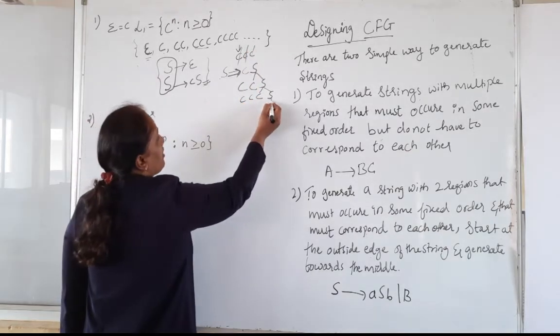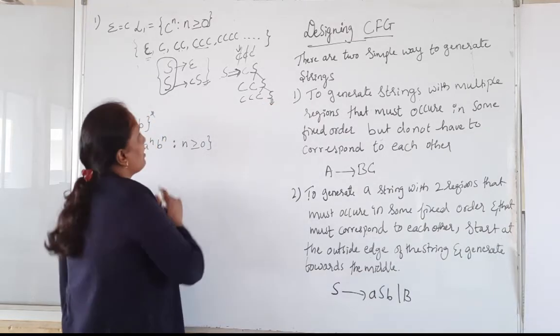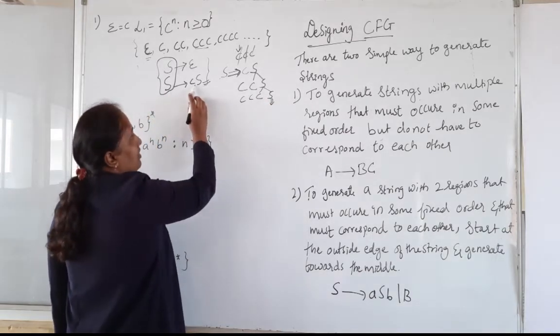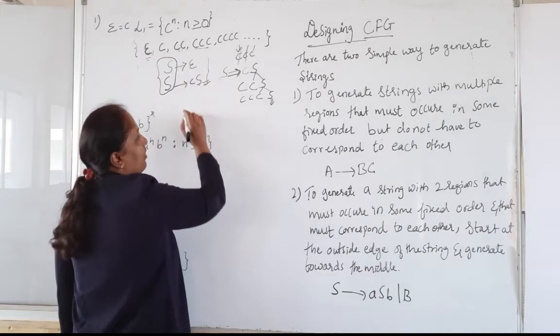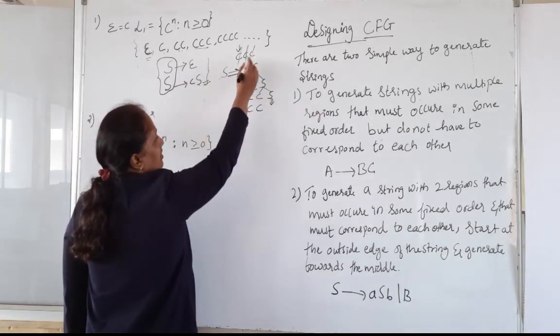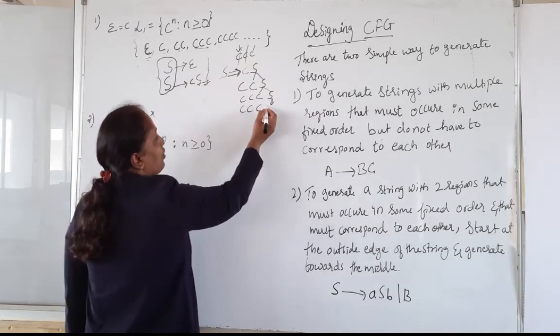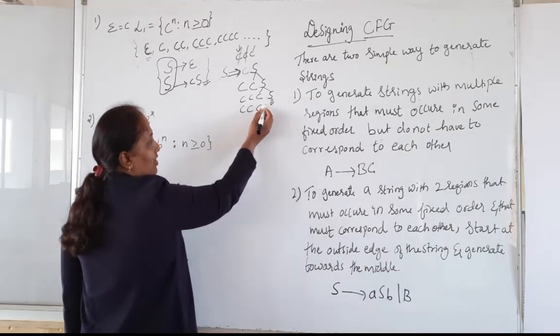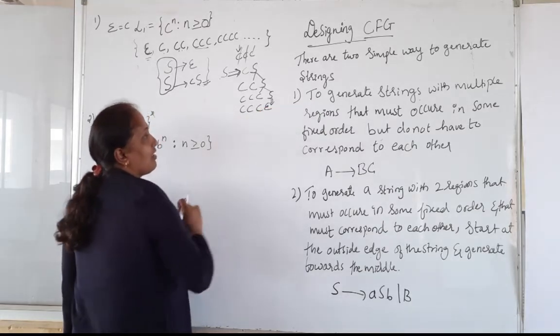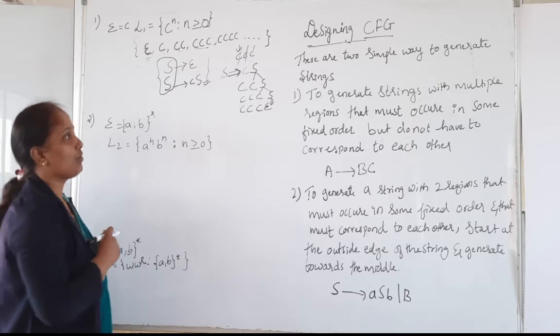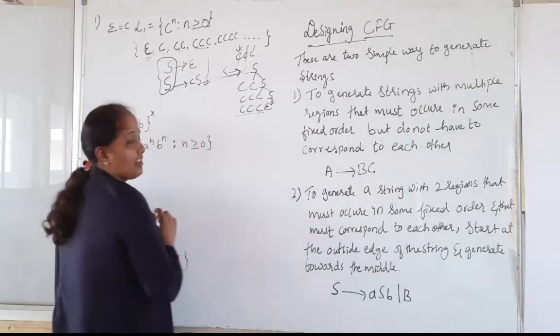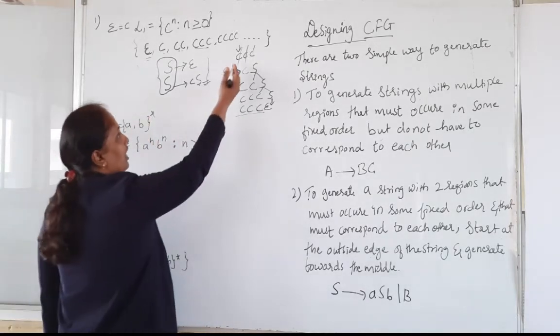Next, what must I substitute for this S? Shall I substitute S as C S or epsilon here? See, I accepted the input string. Okay. Next, no need to derive the C any more. So I will write epsilon for this S. So what do I get at the end? I get a string which is equivalent to the input string.